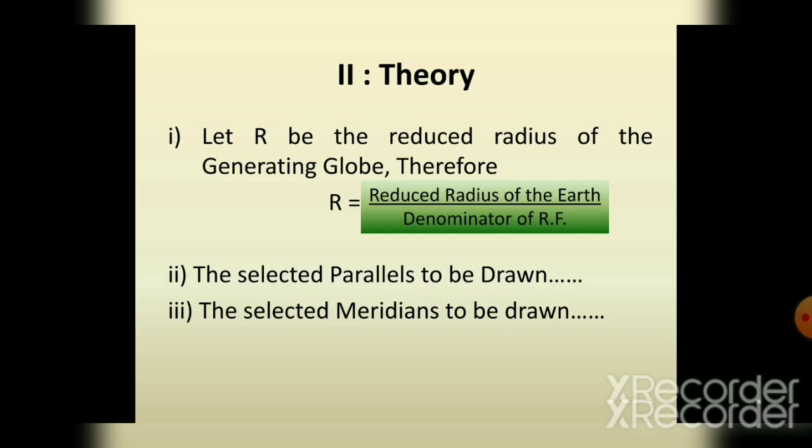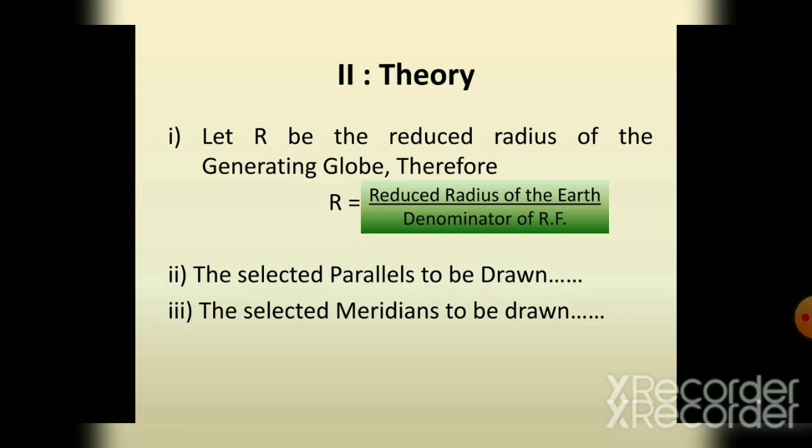You know that in the CGS system the reduced radius is 640 million centimeters, and for the FPS system it is 250 million inches. According to your exercise, you have to take any one of them and calculate it. Next, I always tell the students that you should mention what parallels and what meridians have to be drawn.